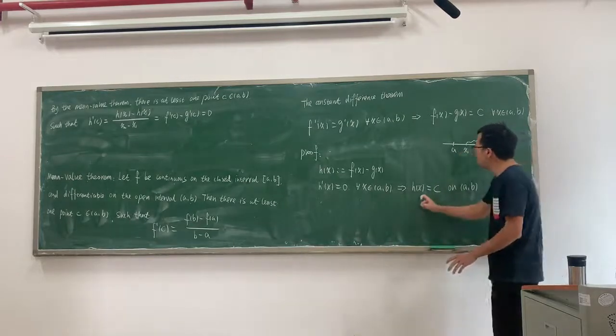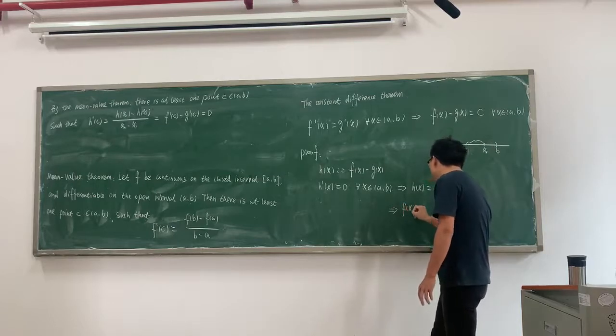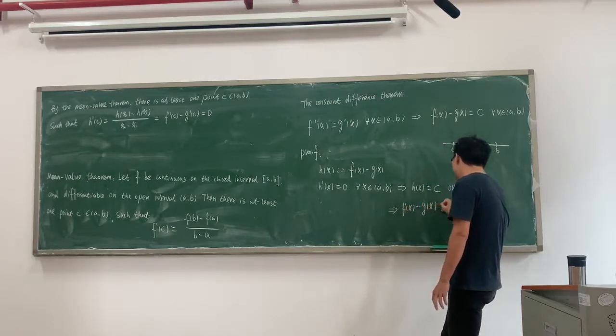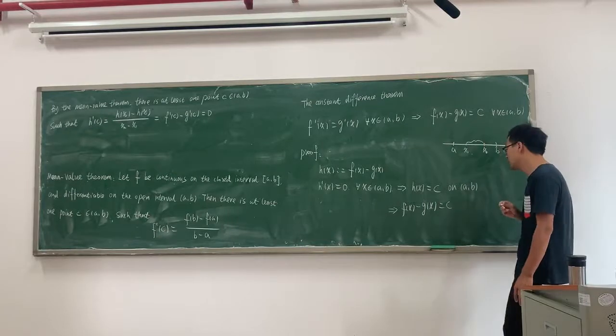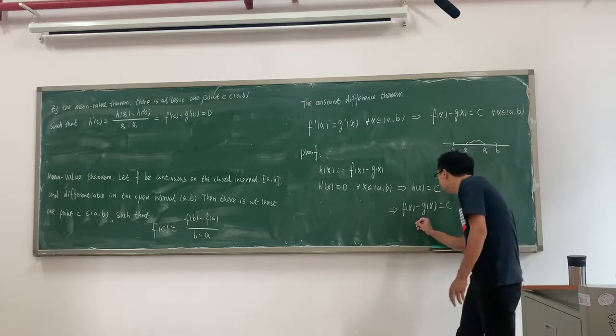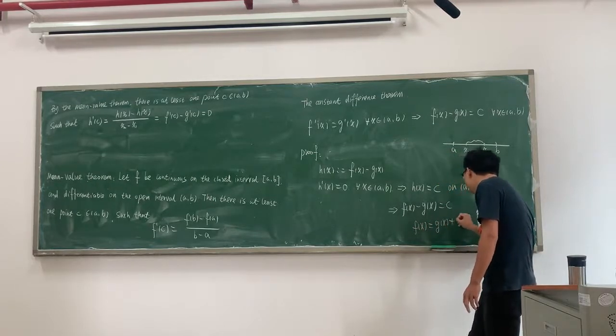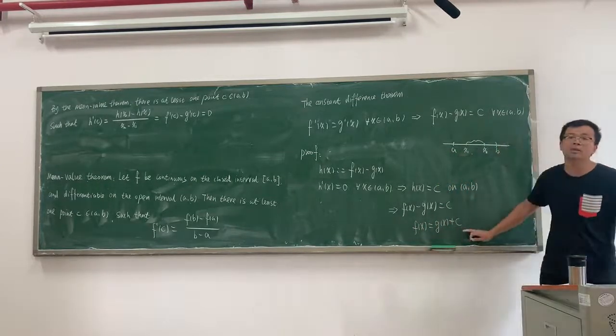So here means h(x) is f(x) minus g(x) equal to c. Yeah, equal to c. So here means f can be expressed by g(x) plus c. Okay, plus c. I'm sorry, I made a mistake here.